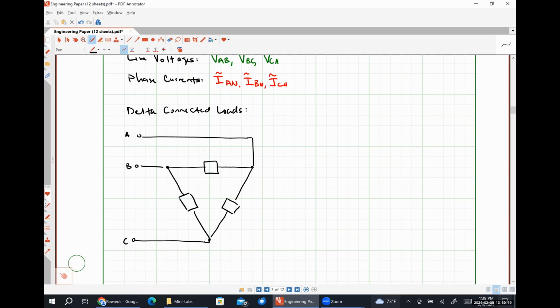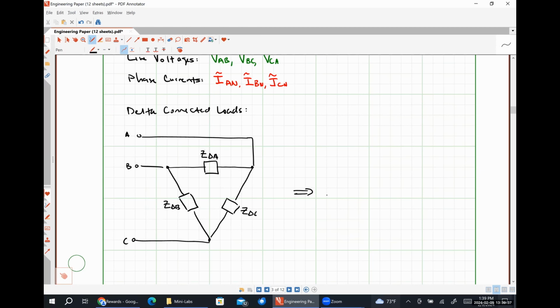So this impedance is going to be Z delta A. Between B and C, we'll call this guy Z delta B, and between C and A, we'll call it Z delta C.